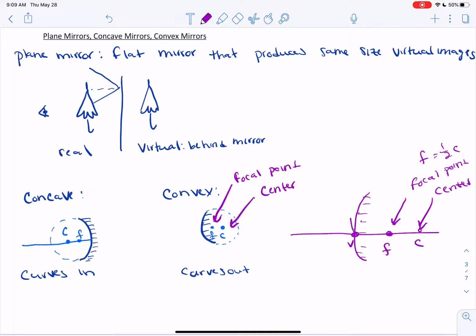The place where the mirror meets the line you drew is called the vertex. And this is the axis, that straight line that goes right through the mirror. Okay, so this is how we're going to be representing mirrors. We have concave and convex and plane mirrors. Plane mirrors are pretty simple, so we're just going to leave them off like this. And let's go on to talk about concave and convex mirrors.